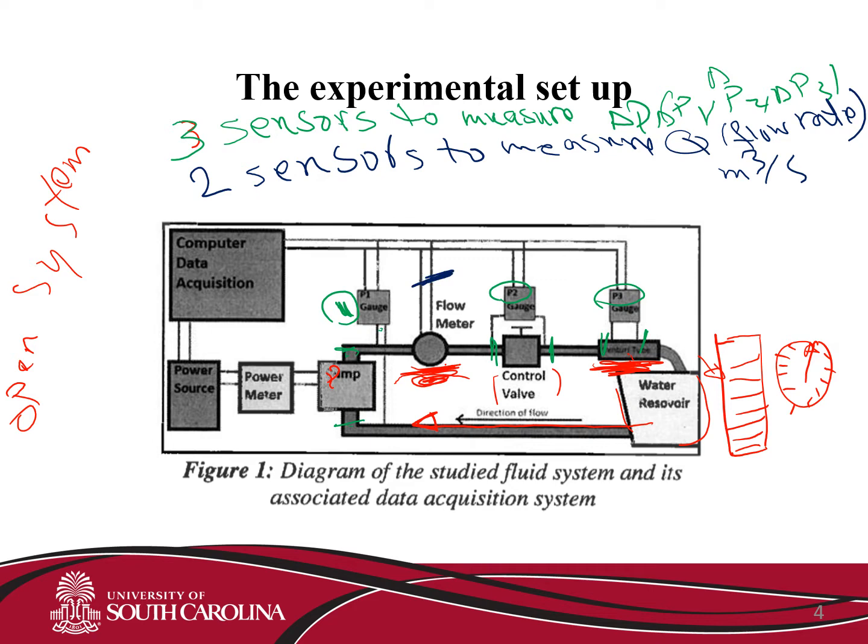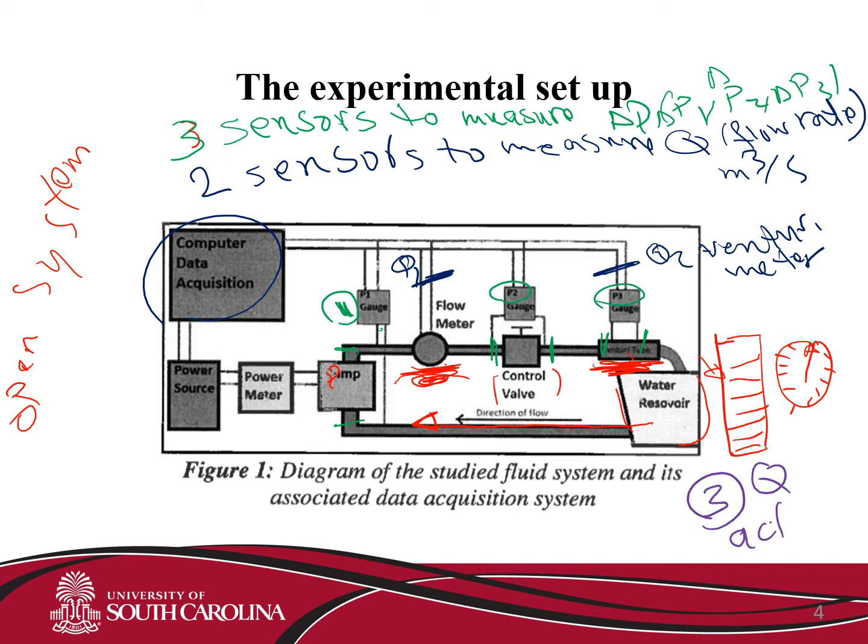This is flow rate 1, Q1, measured by the paddle wheel, and the second one, Q2, from the Venturi meter. We will get it from the LabVIEW program. I will show you. And the third one is the actual flow rate, which we will calculate.